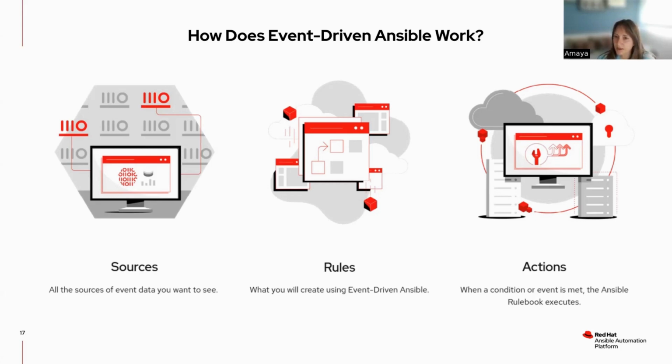This could be reapplying configuration, resetting the router, or creating a service ticket. Event-driven Ansible triggers the instructions in the rulebook, and the router is reset, restoring it to normal function. What's more, this can happen at any time, even at 2 a.m. while the network engineer is sleeping.